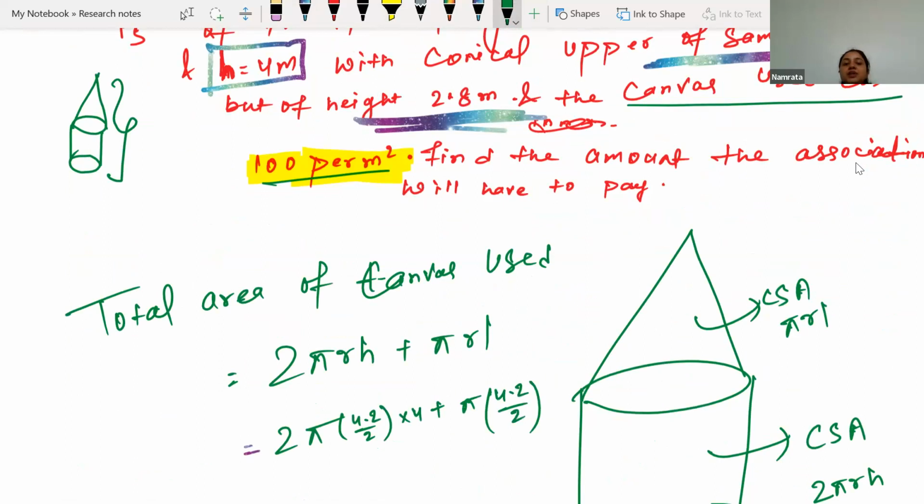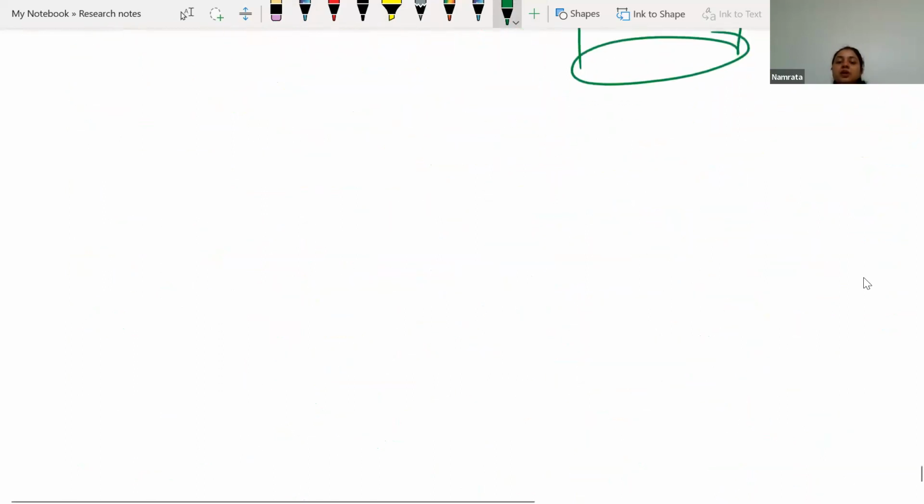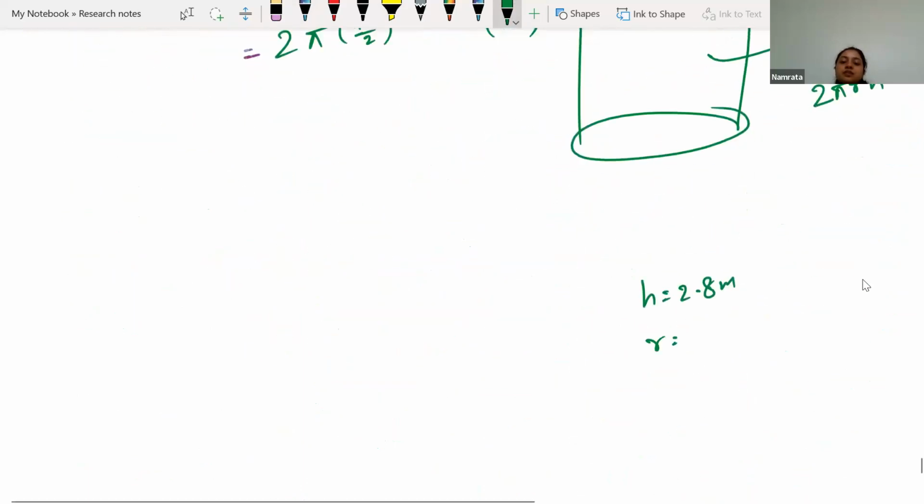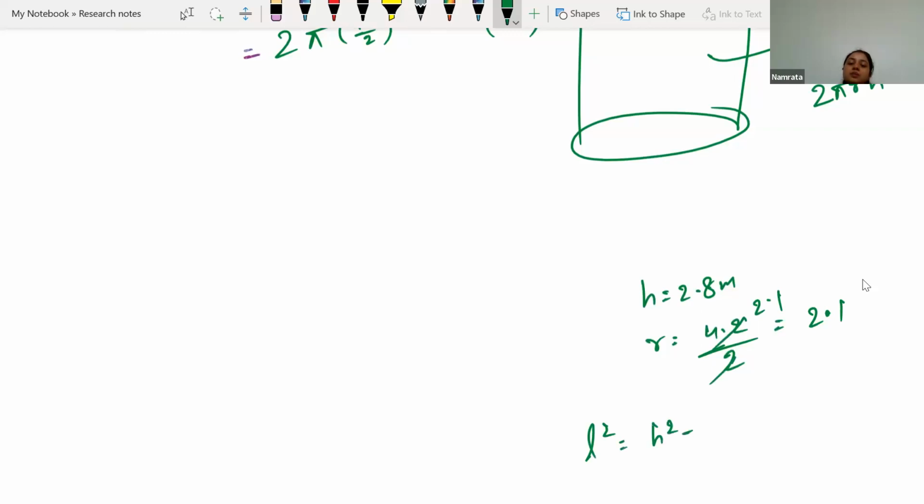And l we don't have, but the height we know. The height is 2.8 meter and the radius is 4.2 by 2, that is 2.1. l square equals h square plus r square. We will do 2.1 square plus 2.8 square. It will take some time to do the calculation.